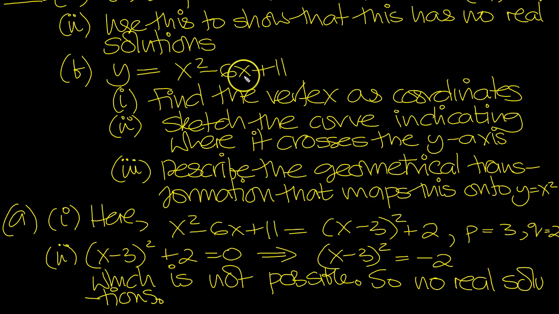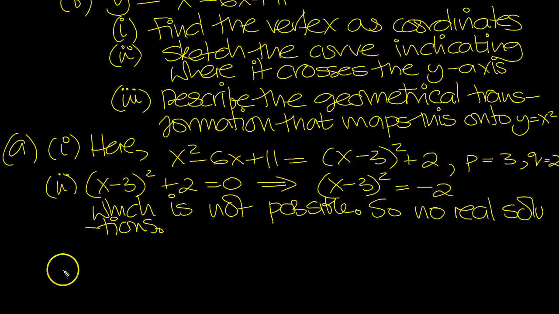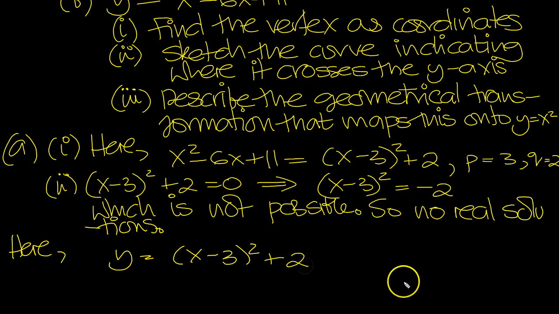Okay. y equals this, then find the vertex as coordinates, and sketch the curve. So here, y is equal to x minus 3 squared plus 2. I'm just going to do a tiny sketch of the curve, I think. So I'll draw it here, and we do sketch it here, like so.